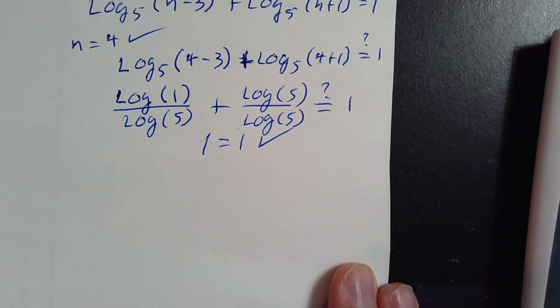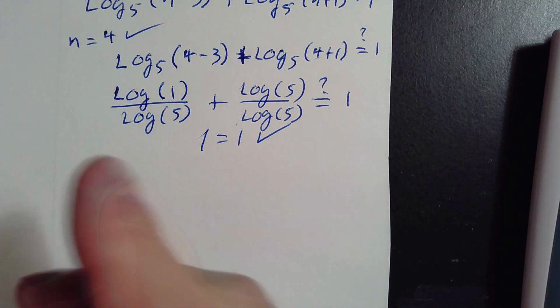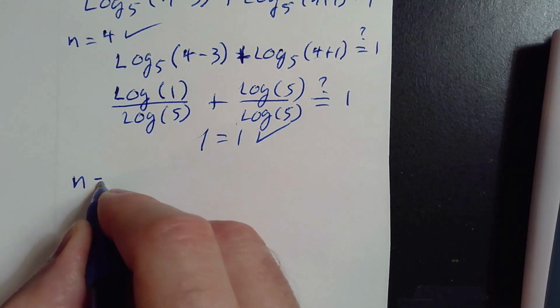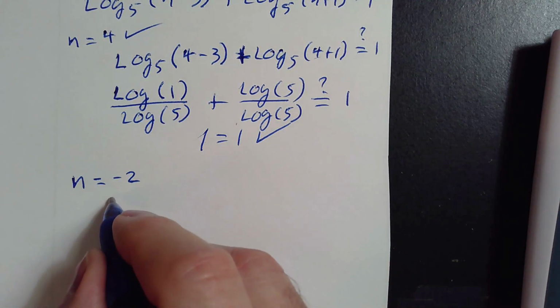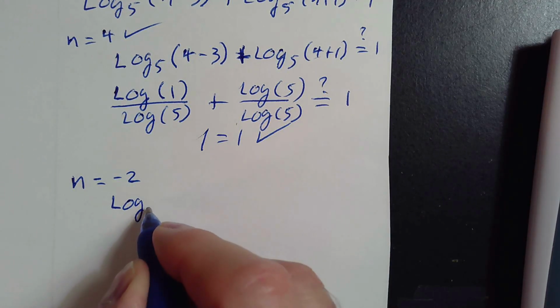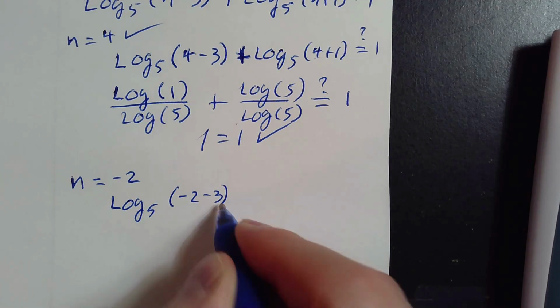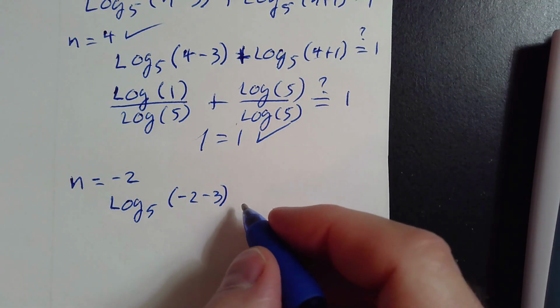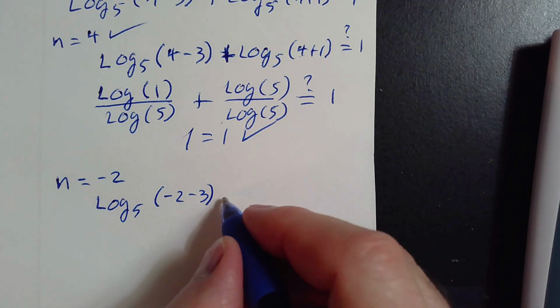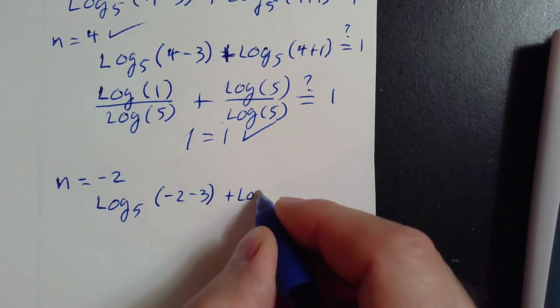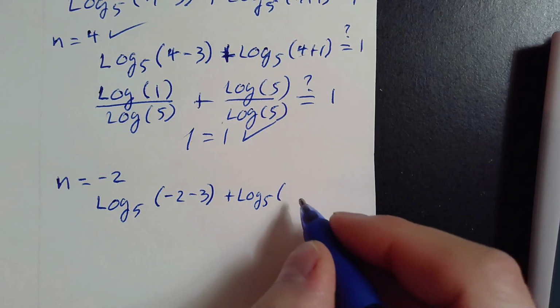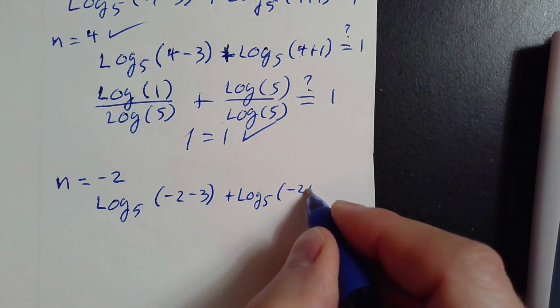Now the other answer we had when we solved it was n equals -2. So let's check that. Sorry, log base 5 of -2 minus 3 plus log base 5 of -2 plus 1.